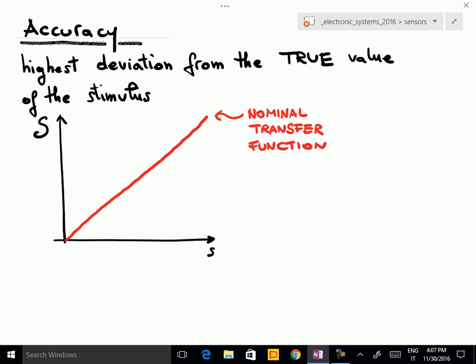So let's assume that after a calibration the actual transfer function is like this. Actually it's very close to the nominal transfer function, but is not identical.